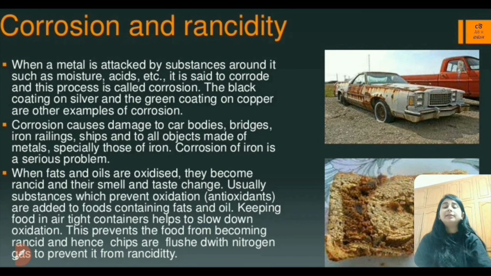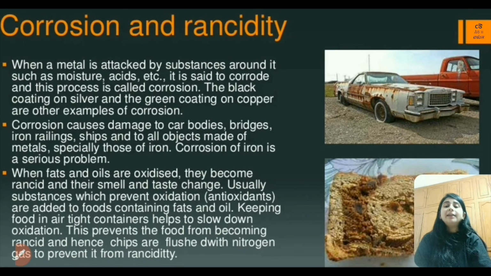Corrosion of iron is actually a serious problem. So again, they are trying to explain to us that corrosion is not at all a good thing. It causes serious damage to car bodies, bridges, iron railings, ships, etc.